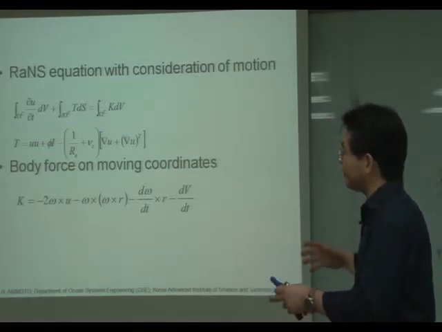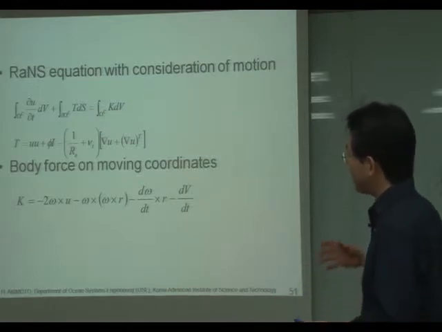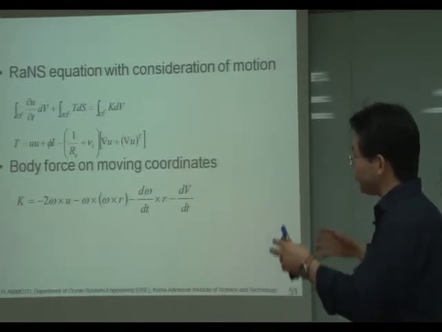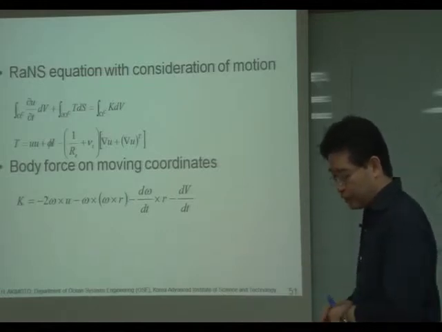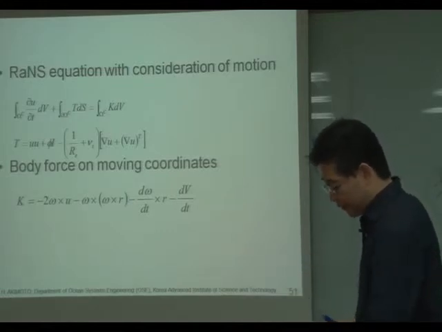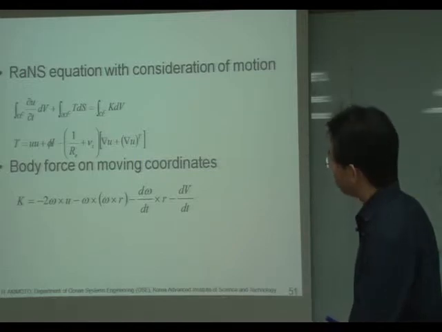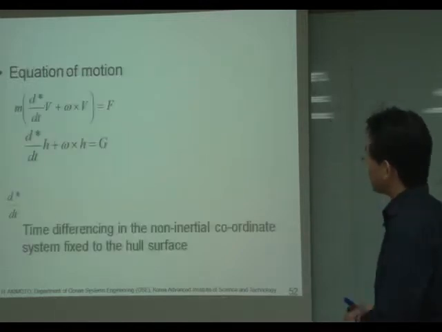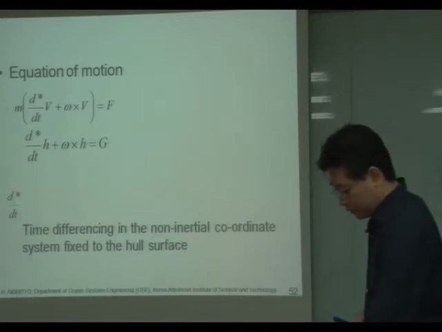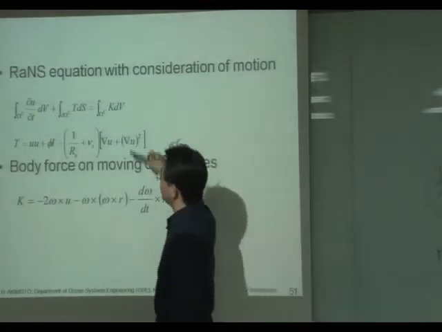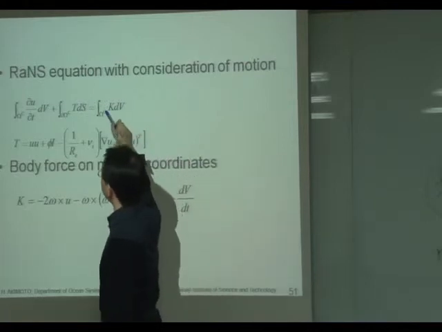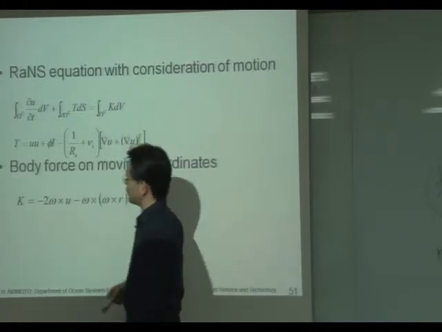But if it is container ship, we have to consider pitching motion, pitching, heaving, rolling, yawing. We have to consider all the degrees of freedom. So this part should be added into the Navier-Stokes equation as the body force effect.